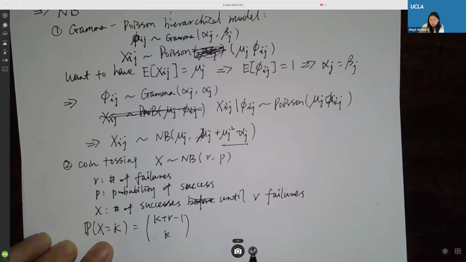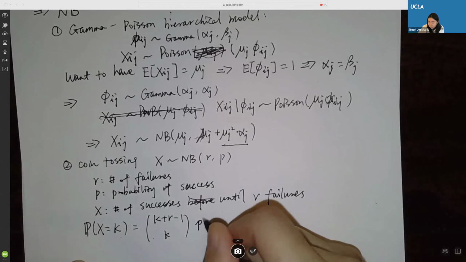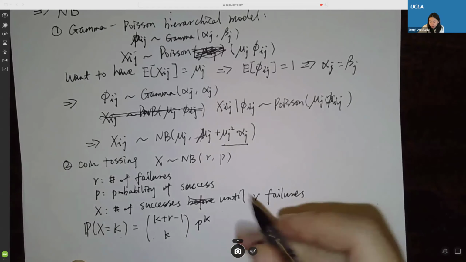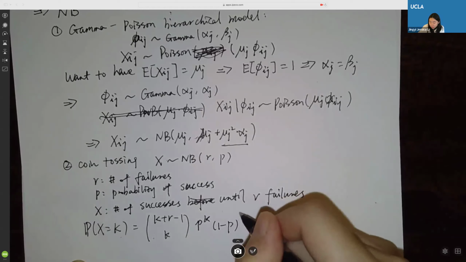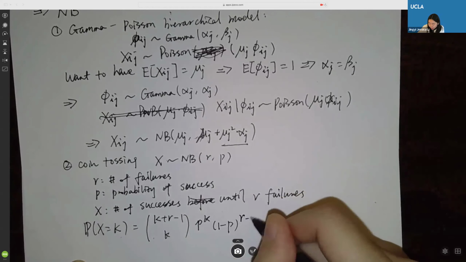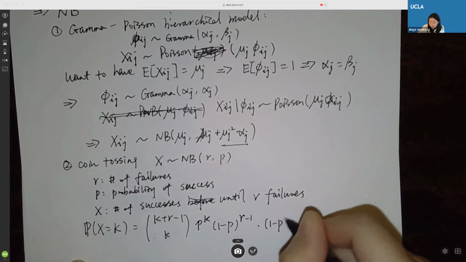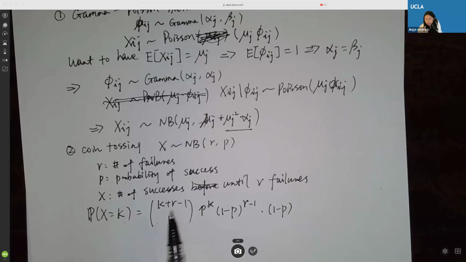That's my X. So therefore, there are so many possibilities of choosing where the K successes are. And for each success, the probability is P, so P to the power K. For each non-success it is 1 minus P, and that's R minus 1 of them, times the final one, which is a failure, so 1 minus P. So that's how we do it. And the reason we have K plus R minus 1 as a total is because we know the final one must be a failure, so there's no randomness there.